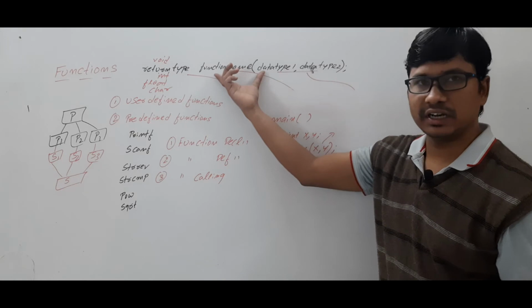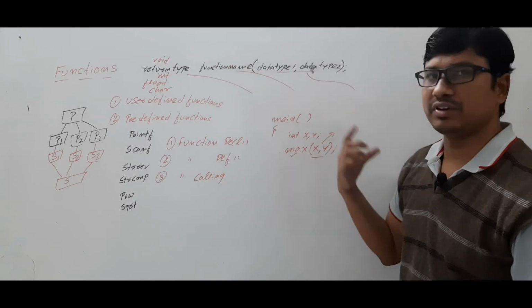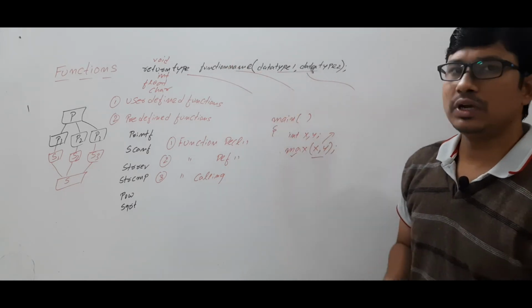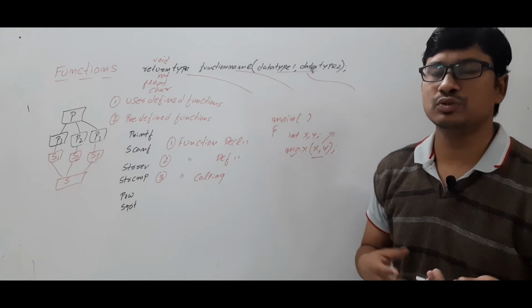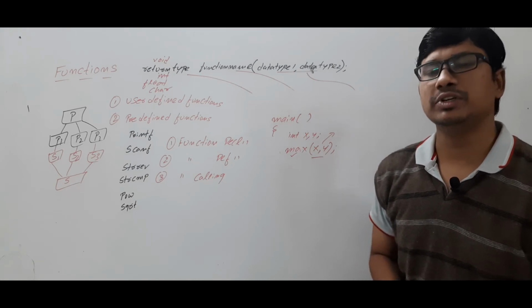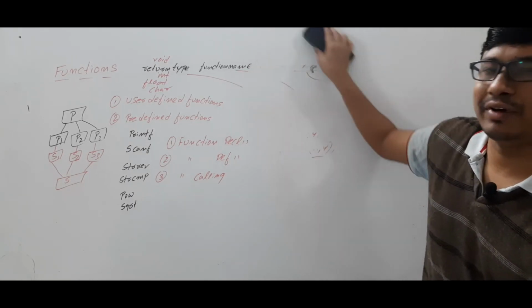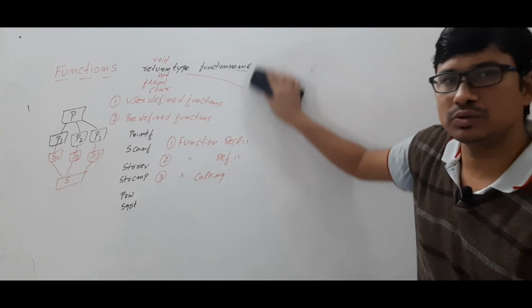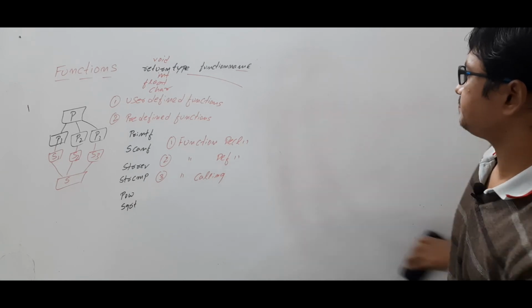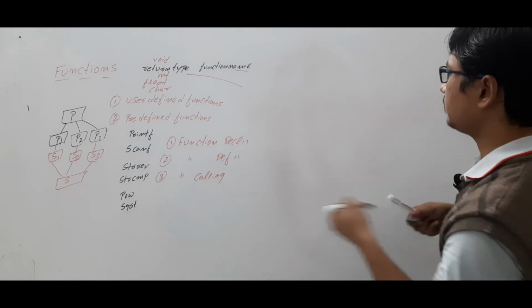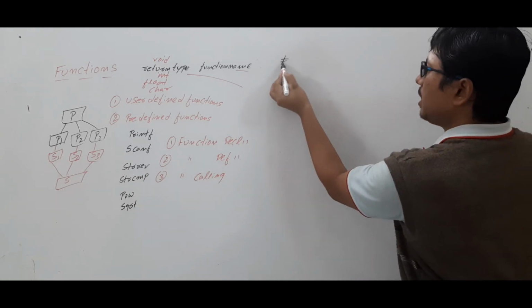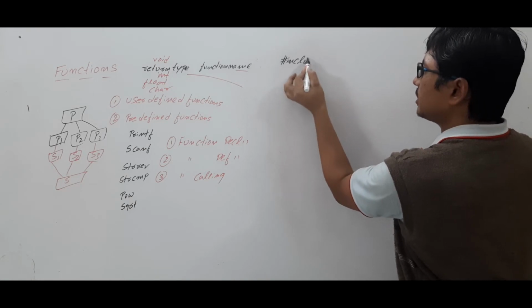So function declaration, function definition and function calling we have discussed. Now let me discuss a simple example so that you will understand the concept in a better way. Let me write a C program to find the maximum of two numbers using a function. So I will have #include <stdio.h>.